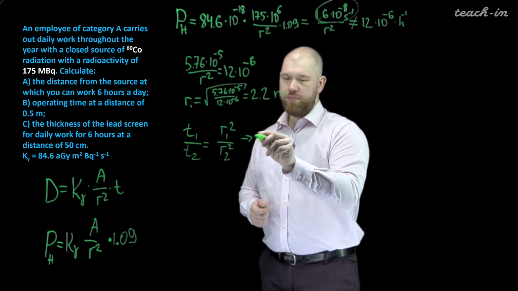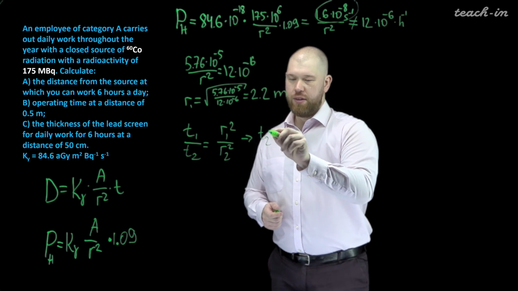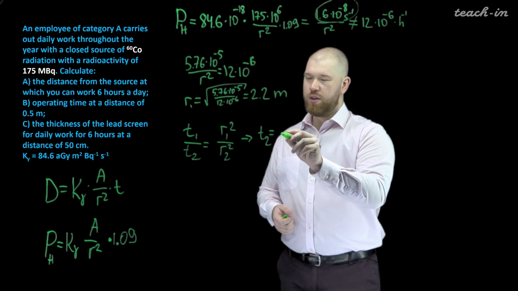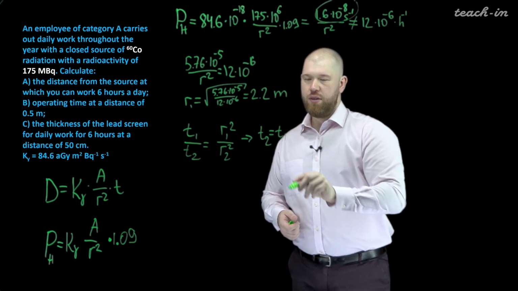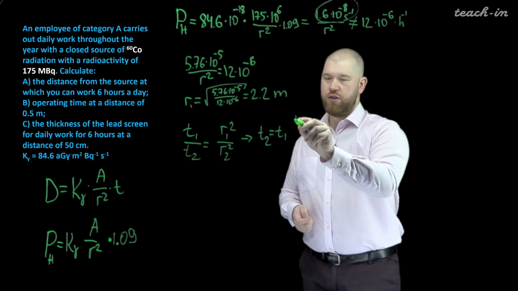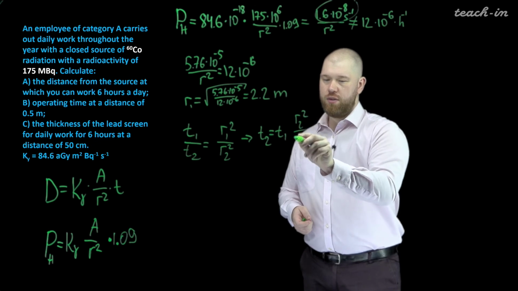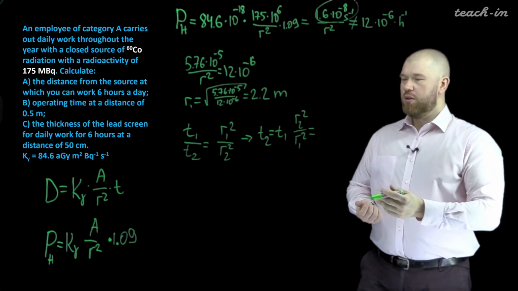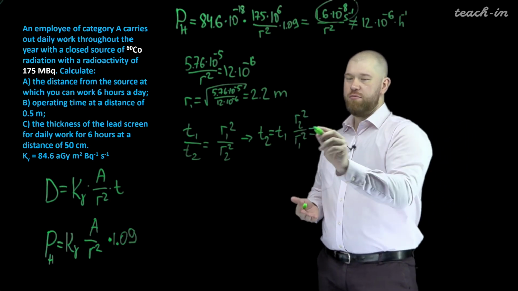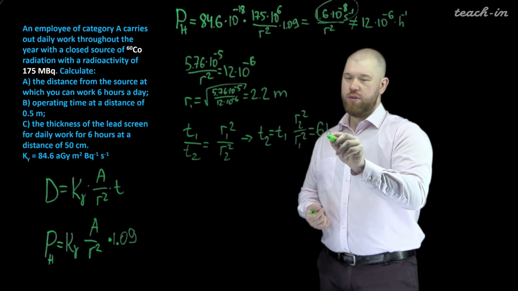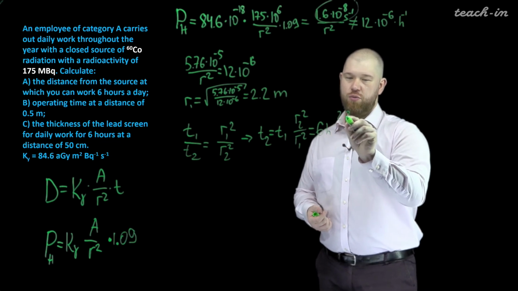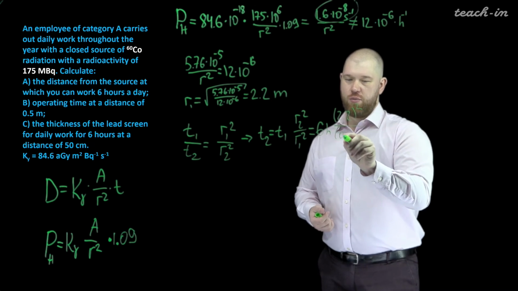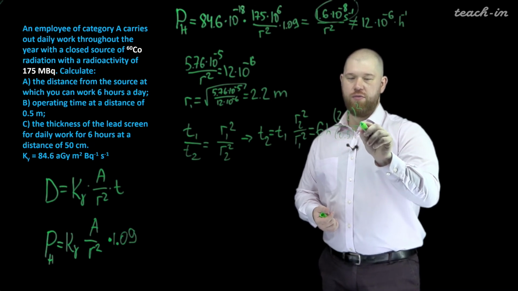And thus, the safe operation time at another distance we can calculate as a relationship between these two distances. We know the safe operation time, 6 hours at distance 2.2 meters, and we want to work at distance 0.5 meters.